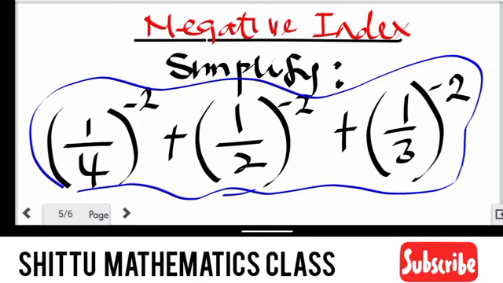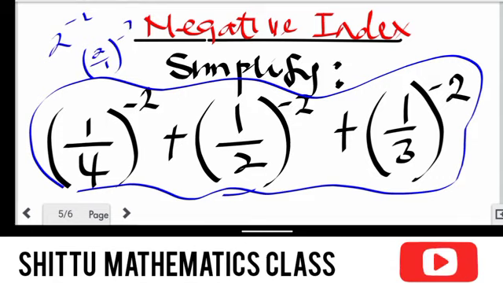Even if it is, let's say, 2 to power minus 2, you just write the base as a fraction, that is 2 over 1, raised to power minus 2, and this is going to be 1 over 2 raised to power 2, because of the 1.